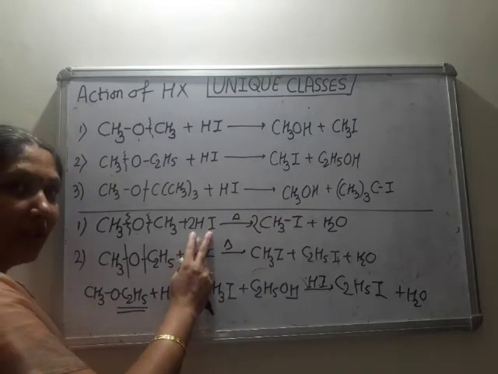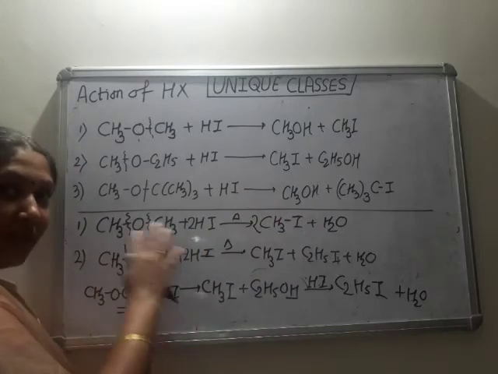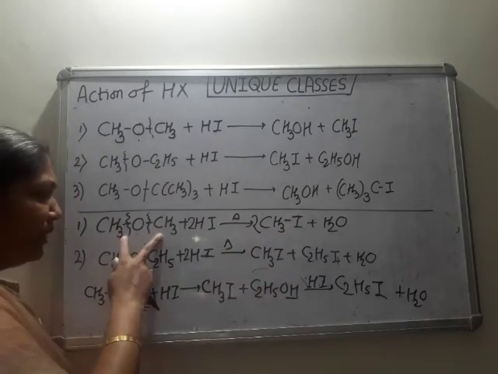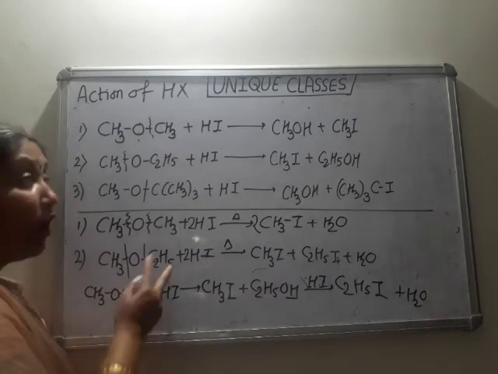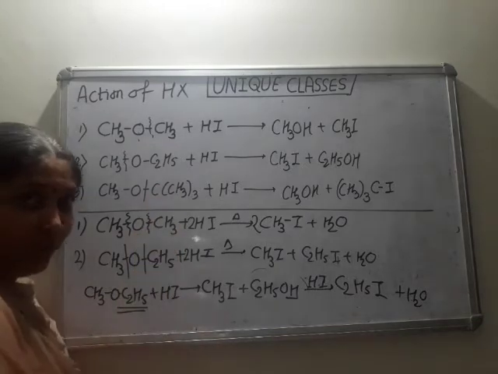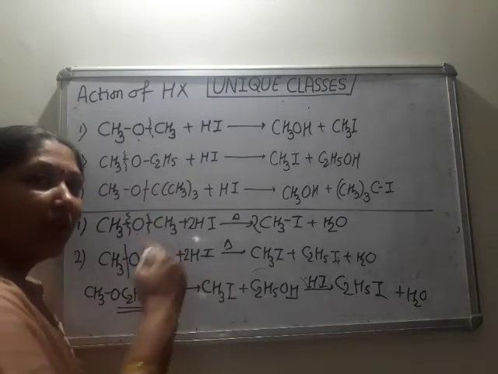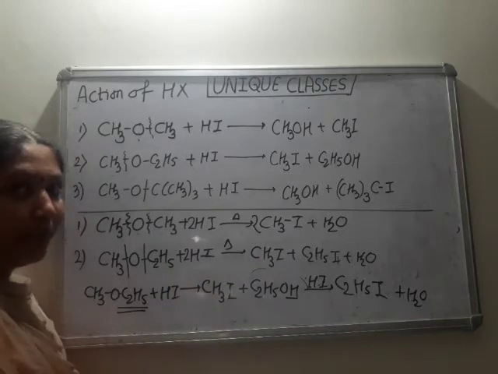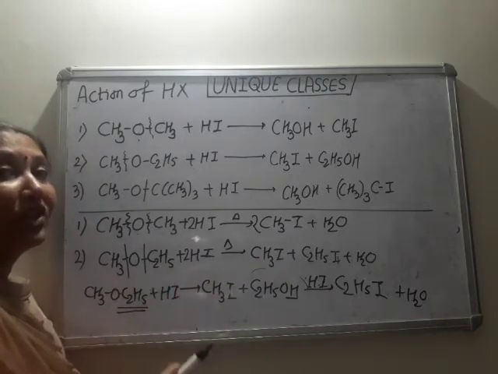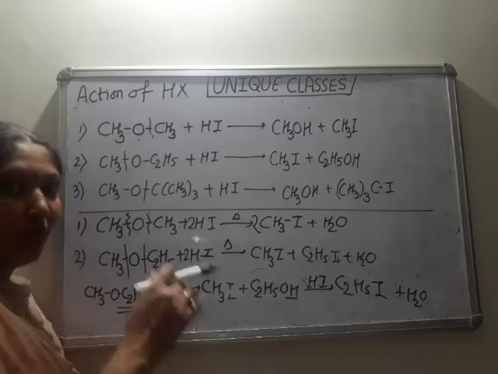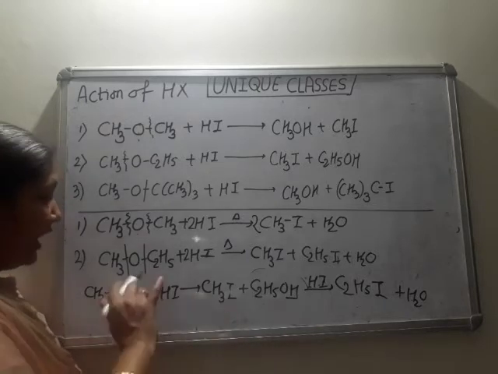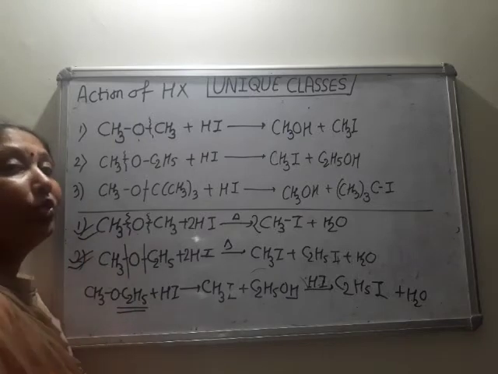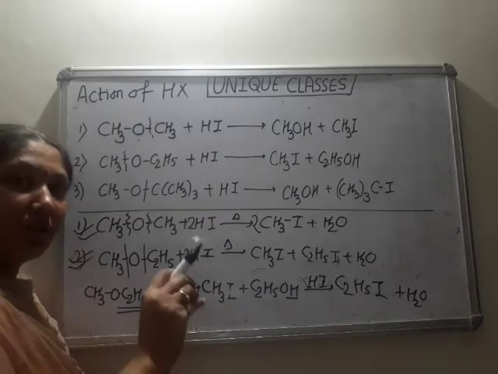If it is hot HI, both alkyl groups are separated and converted into alkyl iodide, whether it is a simple ether, a mixed ether, or an ether having a tertiary butyl group. All alkyl groups are converted into the corresponding alkyl halide if it is hot HI. So in your book they have not mentioned any condition like cold HI or hot HI. They are expecting this type of reaction, meaning they want to say action of hot HI.